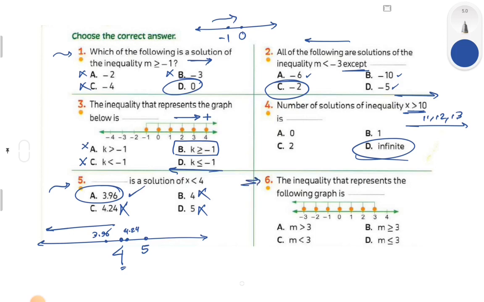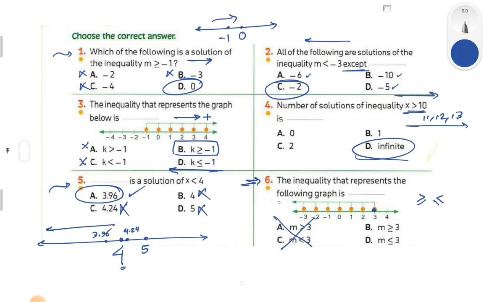Point 6. The inequality that represents the following graph. Note with me, 3 is with us or no? 3 belongs, so whether less than or greater than, it will be equal because we have 3. Okay, now this is a wrong solution. Now, m greater than or less than?